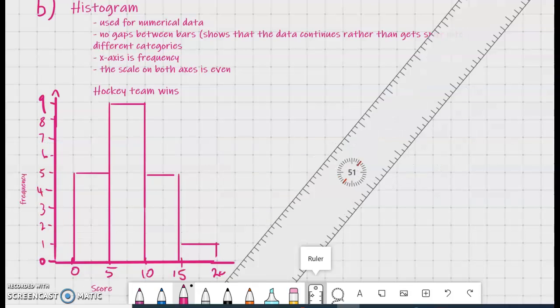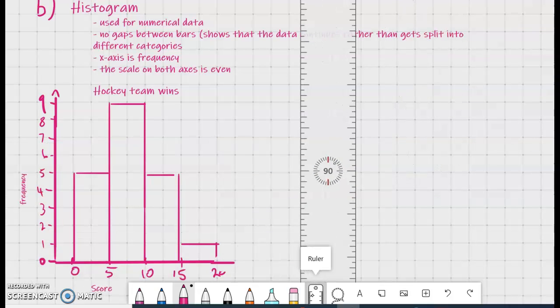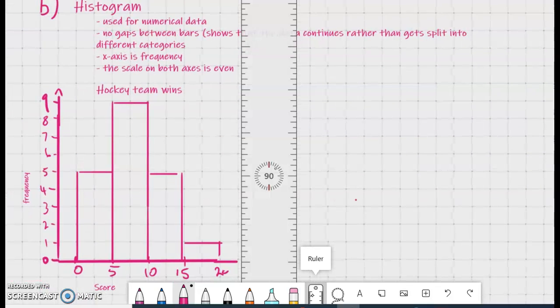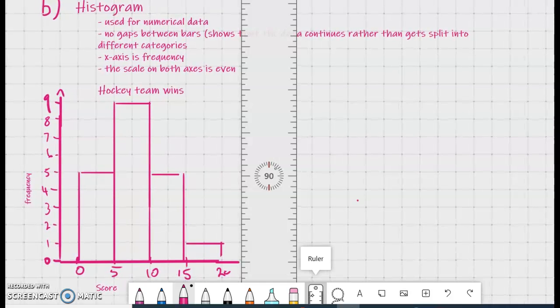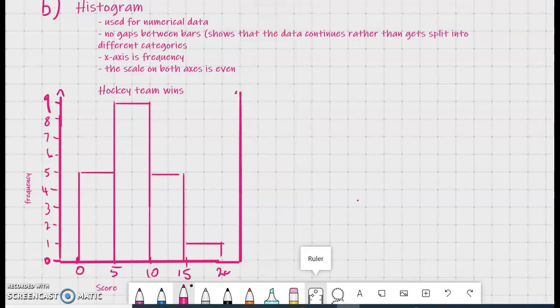I'll quickly turn my ruler around and I'm going to draw a line up here. I'm going to do it the same height roughly as the other one. Get rid of my ruler, add my arrow.